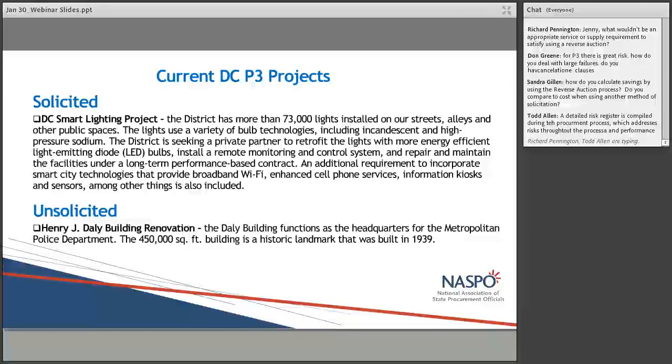We just count the pre-auction pricing for the awarded low bidder and the final pricing from the awarded low bidder.